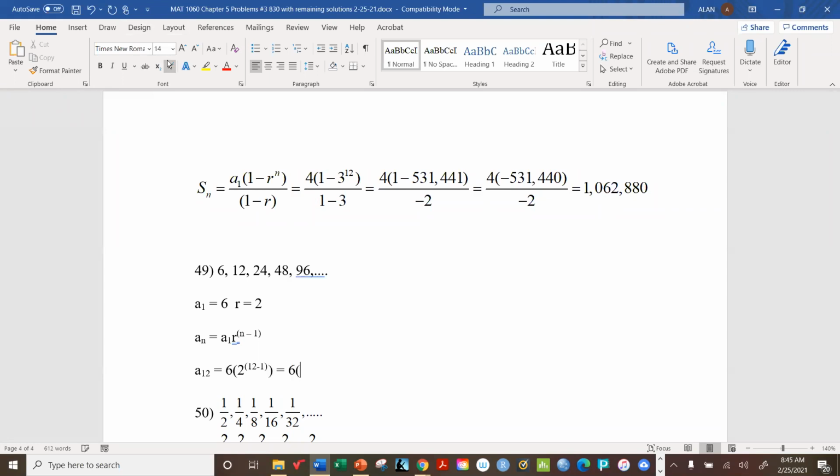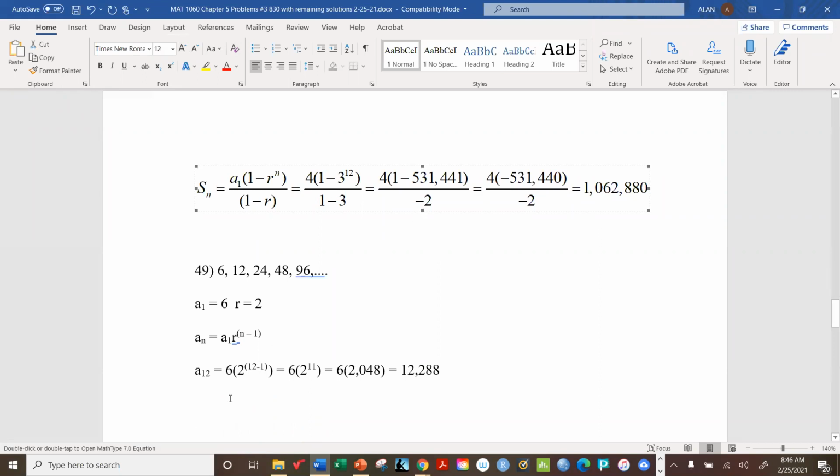So we'll have 6 times 2 to the 11th, which is 6 times 2048, and that equals 12,288. Beautiful. All right. And now all we have to do is the sum of the first 12.